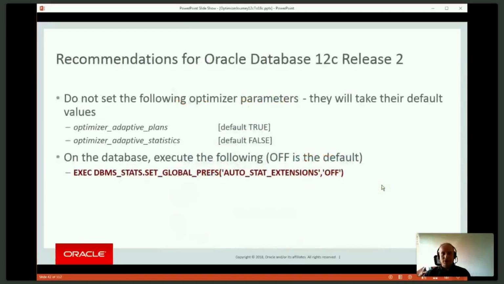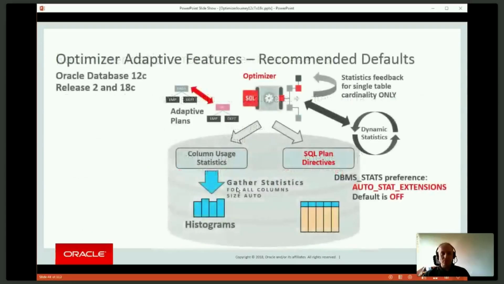So recommendations now for 12C Release 2. If you're on 12C Release 2, use the defaults. If you want to physically set the parameters and extensions, then you can do that yourself. But otherwise, if you leave everything alone, you'll be using the defaults as is. The same applies to Oracle Database 18C, so again, use the same defaults.